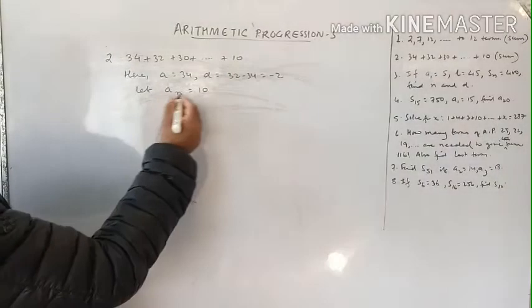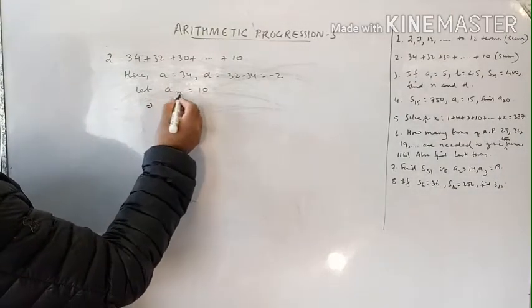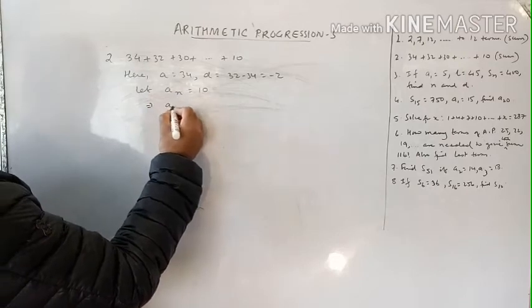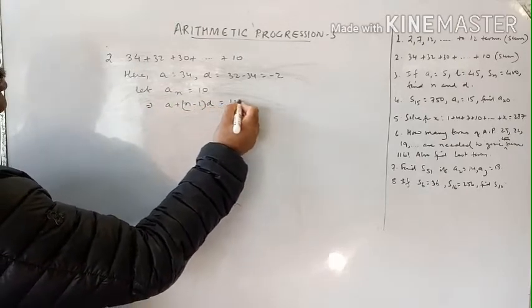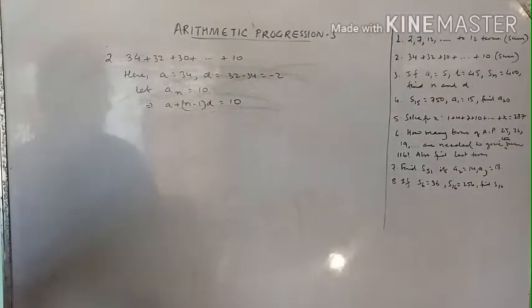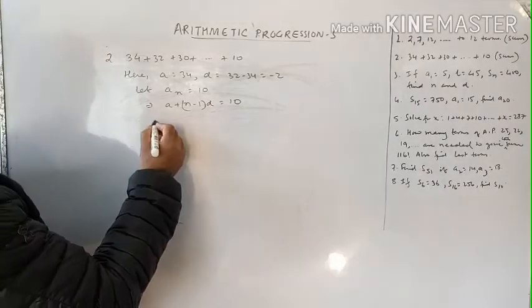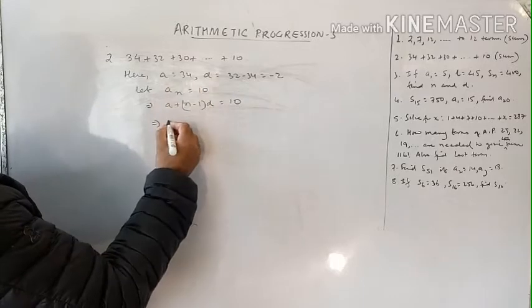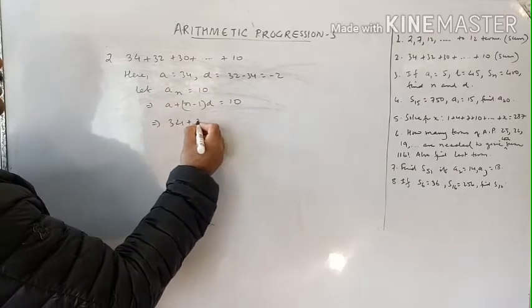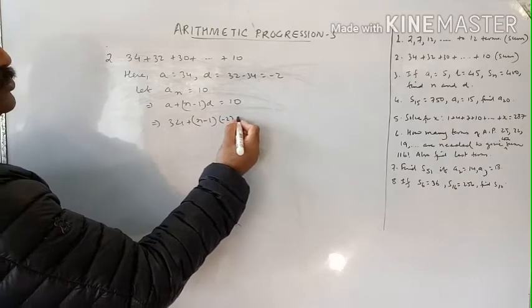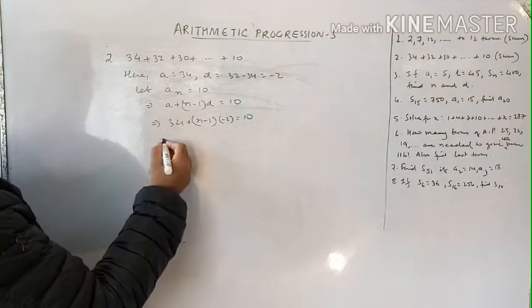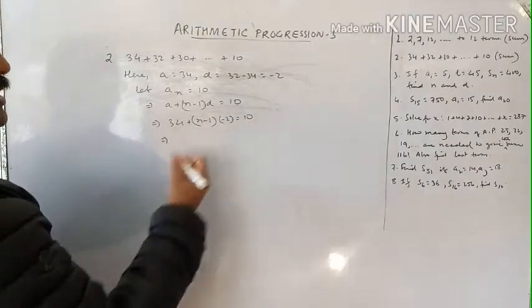So an equal to 10 implies a plus n minus 1 into d is equal to 10. The value of a is 34, so 34 plus n minus 1 into d, which is minus 2, is equal to 10. Take 34 to the right hand side first.